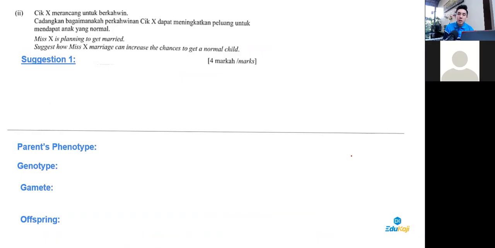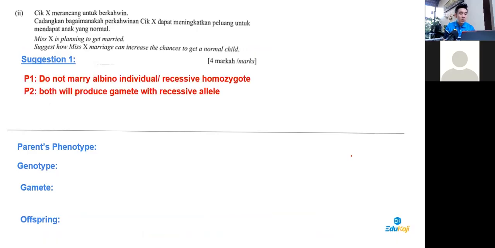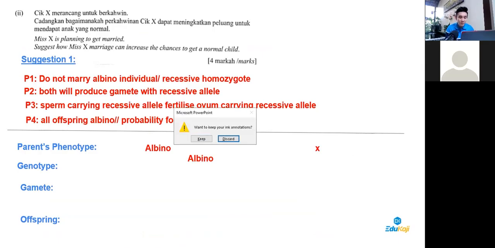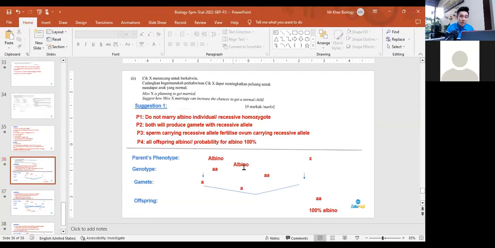Very simple, guys. Similar to hemophilia, the main point is not to marry someone who has this recessive allele. If you marry someone with the recessive allele, then it will be 100% albino. All the kids will be albino.